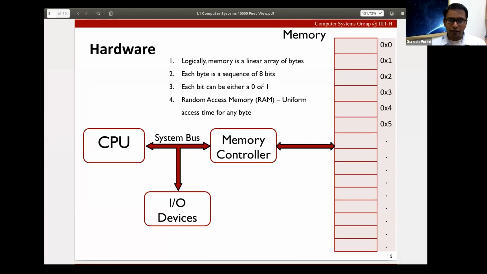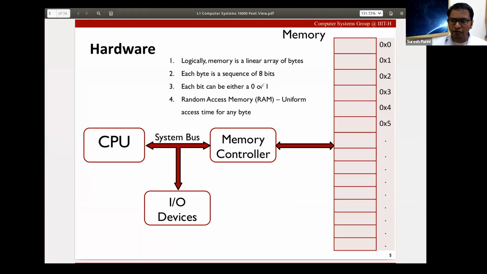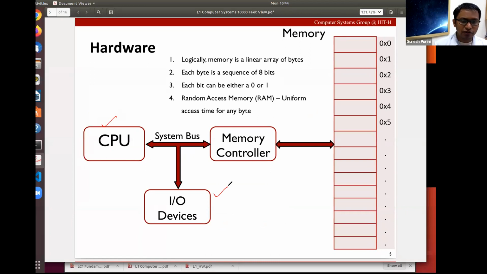So if you take a little bit deeper dive and see what this memory is. So we have the CPU here, and what are the typical I/O devices that we have? One is display, your monitor. Number two, keyboard. Number three, mouse.